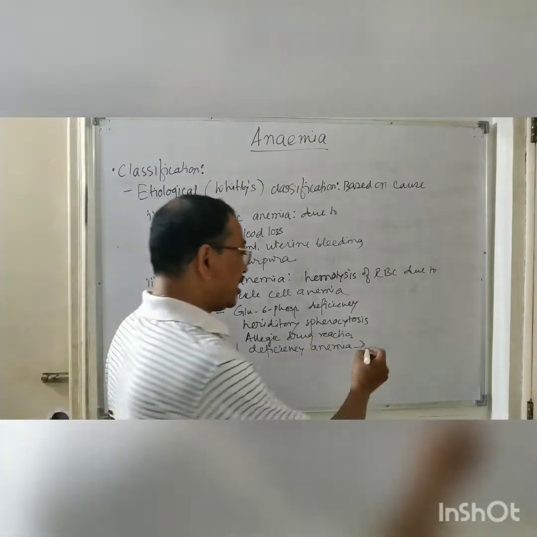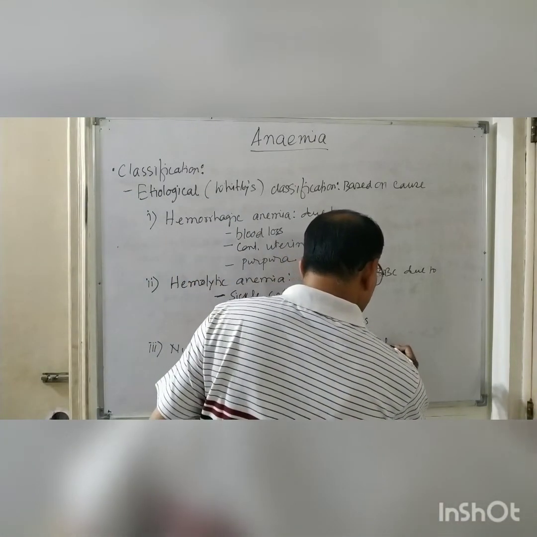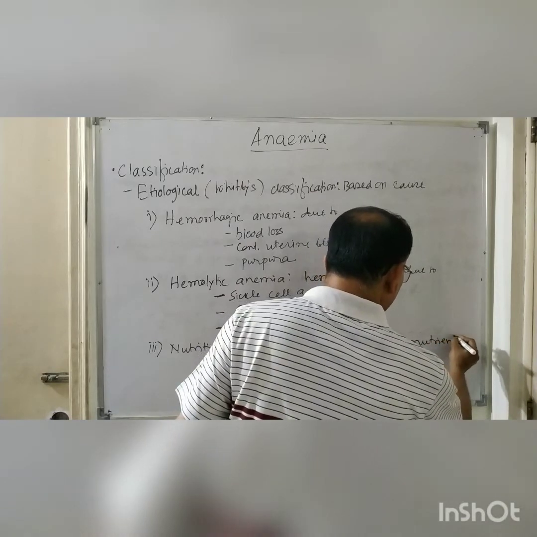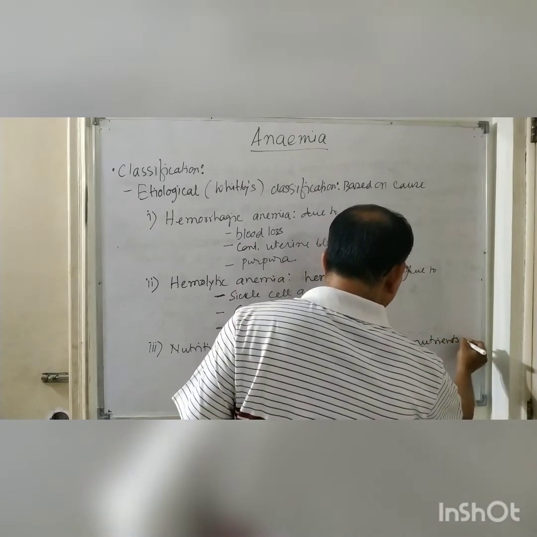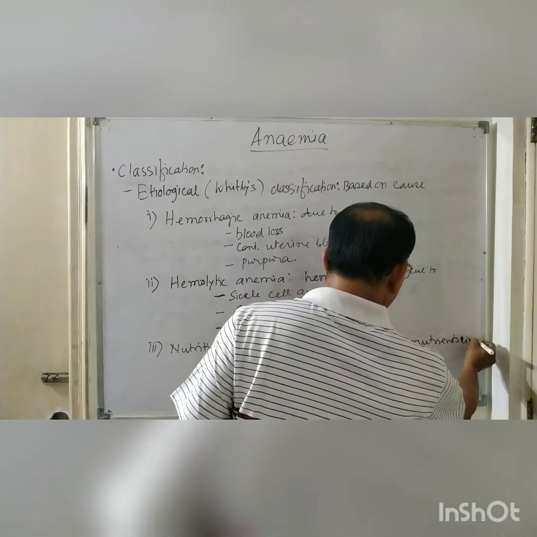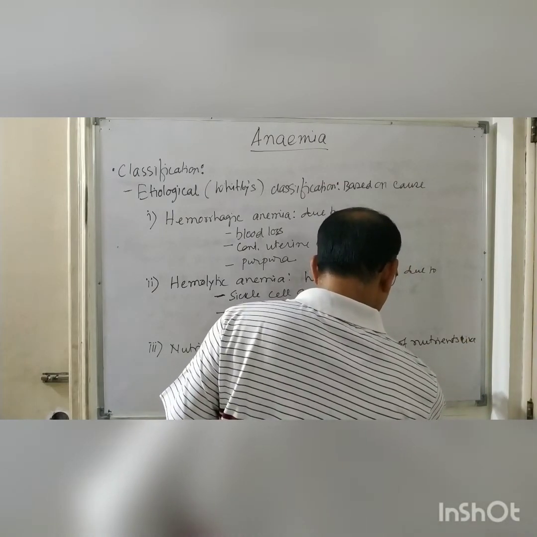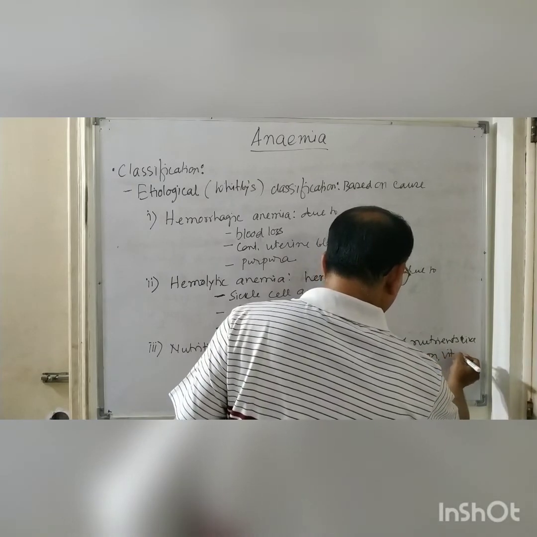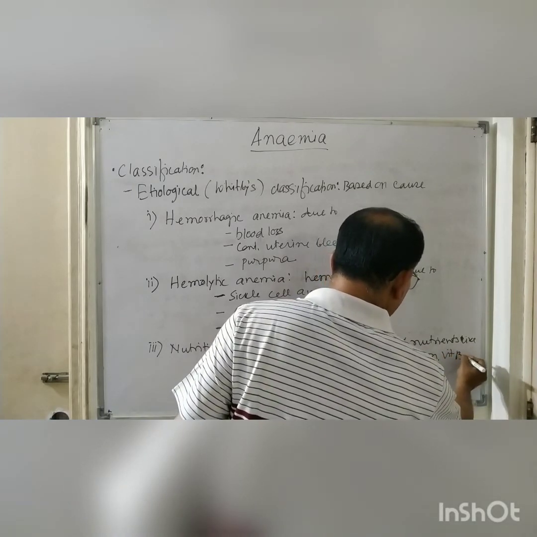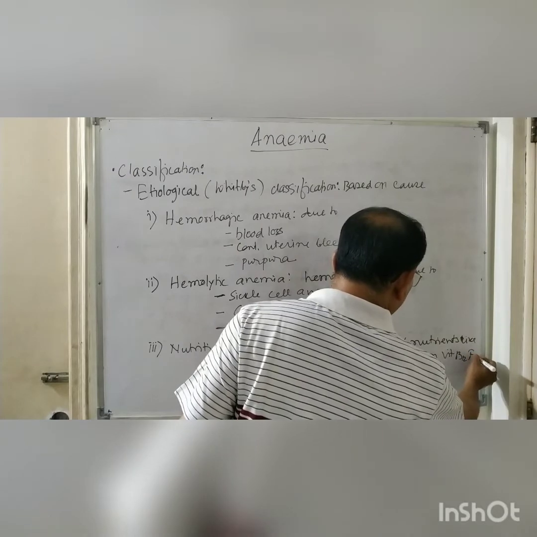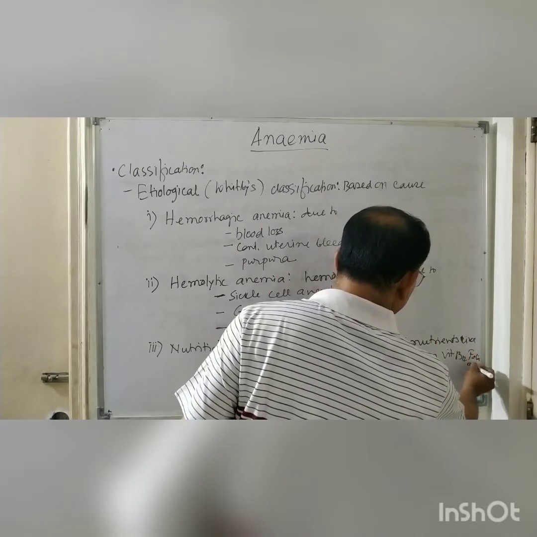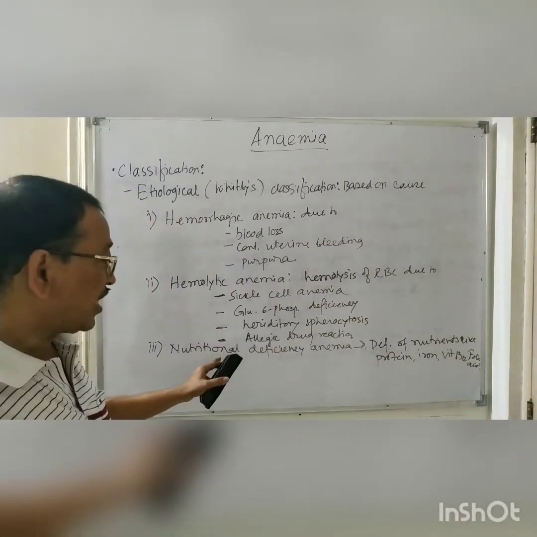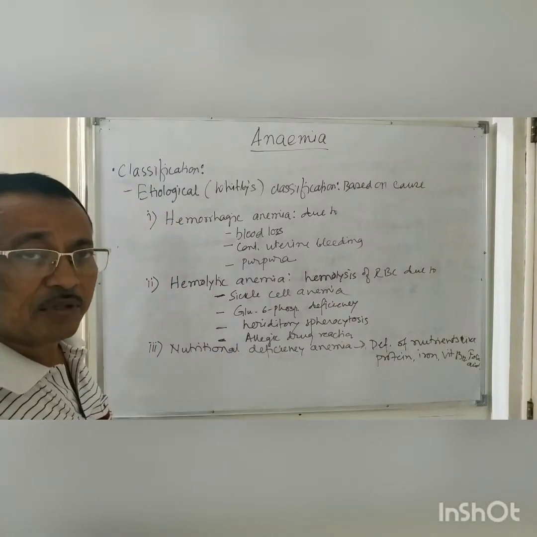So it is the deficiency of nutrients in the diet, like protein, iron, vitamins, B12 especially, and folic acid. These are the main nutrients responsible for nutritional deficiency anemia.